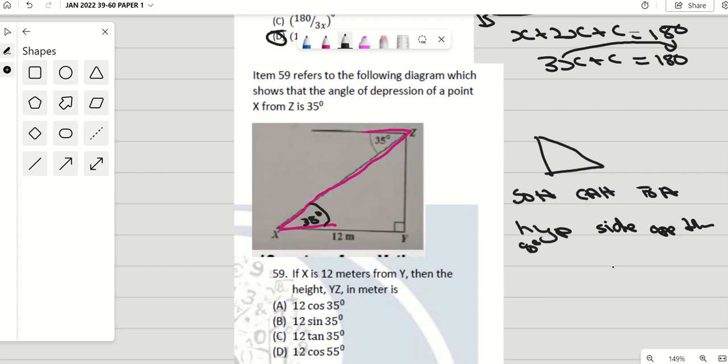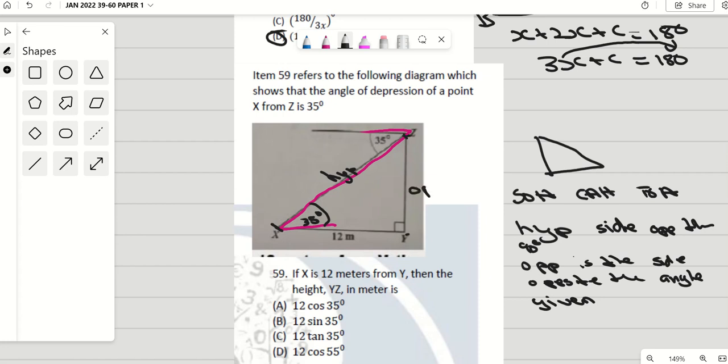If we know that, then this side, X to Z, would be the hypotenuse. Your adjacent and opposite change depending on the angle given. Your opposite is the side opposite the angle given. So the side that is opposite this 35 degrees is ZY.